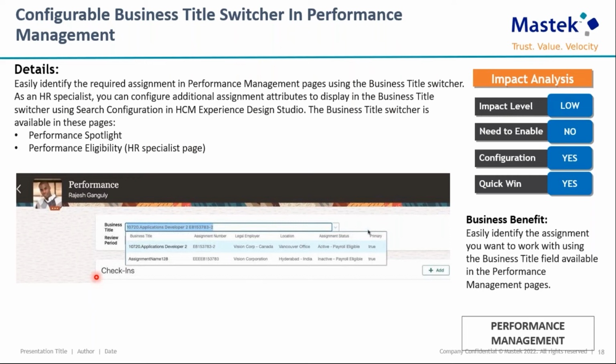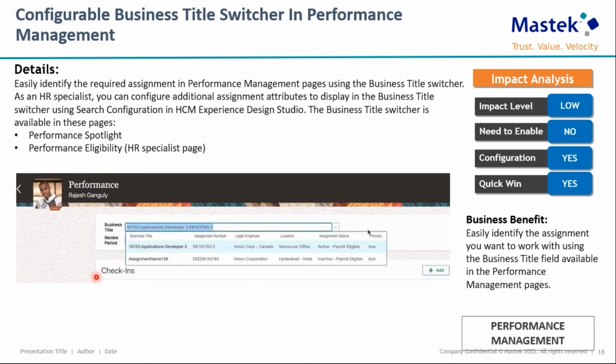So if you are a line manager going to the performance area, and you want to do the evaluation of your team member, you would be able to see both the assignments there, but it becomes very difficult to understand which assignment you are actually selecting without having those additional assignment details on the screen.